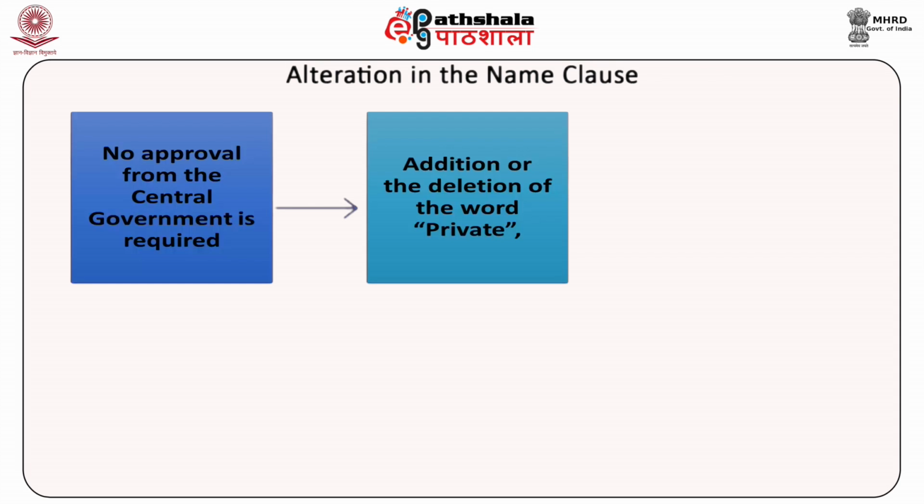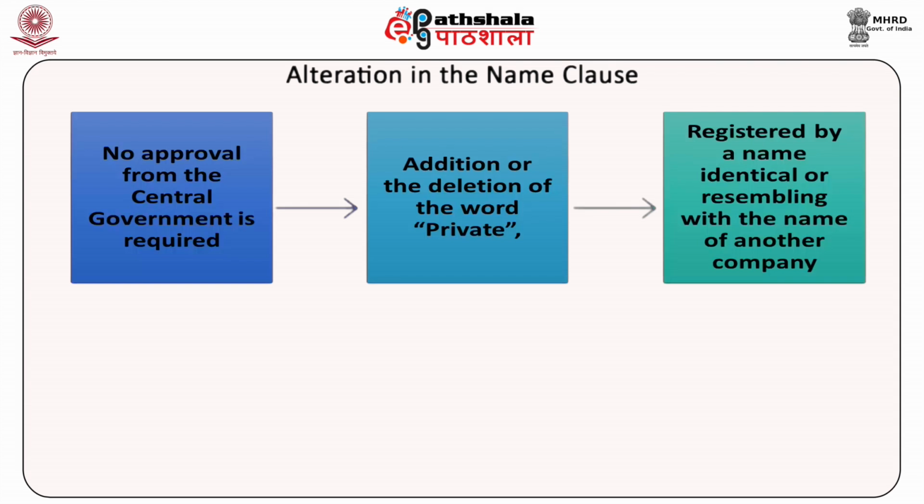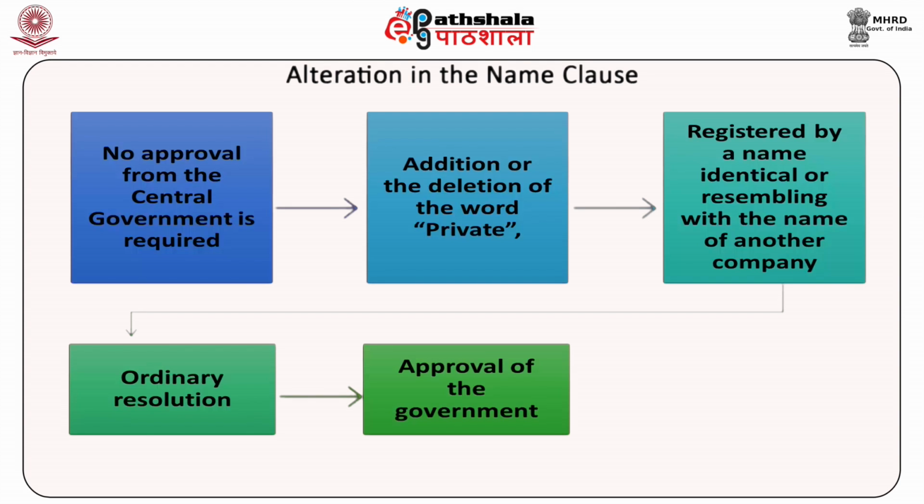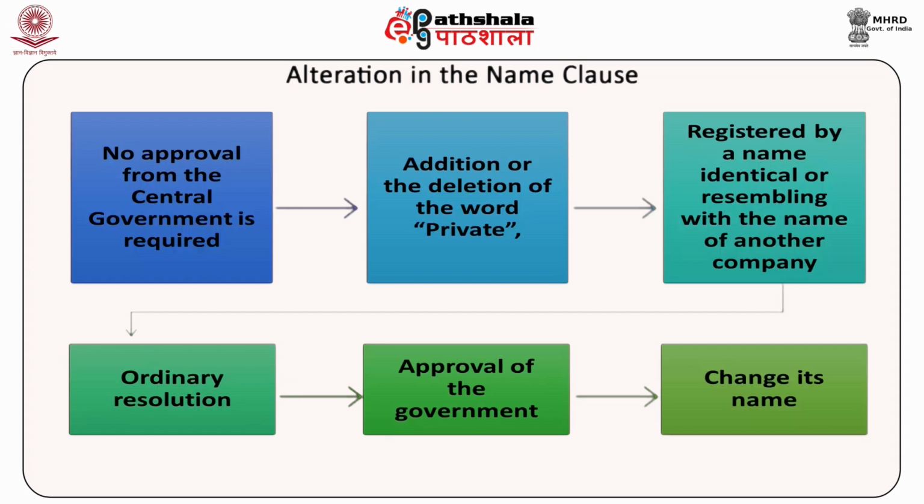If by inadvertence or otherwise a company, on its first registration or on its registration by a new name, has been registered by a name identical with or too resembling the name of another company previously registered, it may, by ordinary resolution and with the previous approval of the Central Government in writing, change its name.